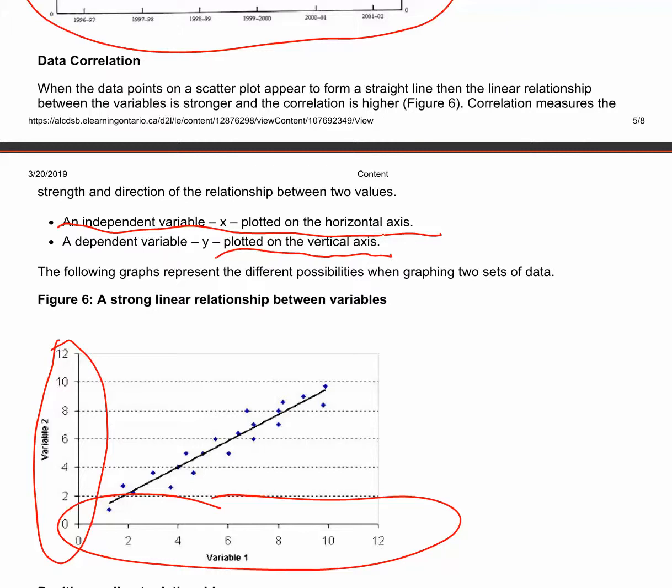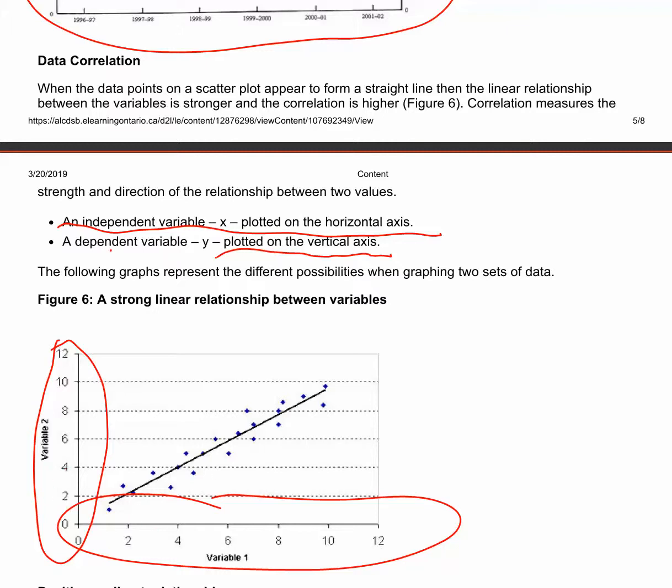The dependent variable is very much reliant on the independent variable. So if we look here, we have variable 1, and y is determined by that one. We have 2, 4, 6, 8, so 2 here gets determined by 2.